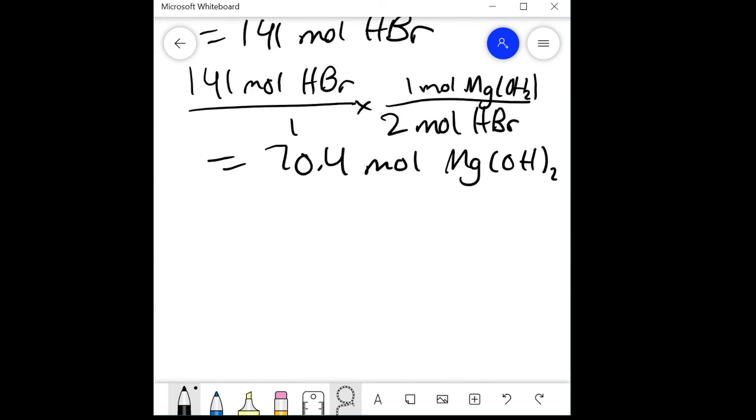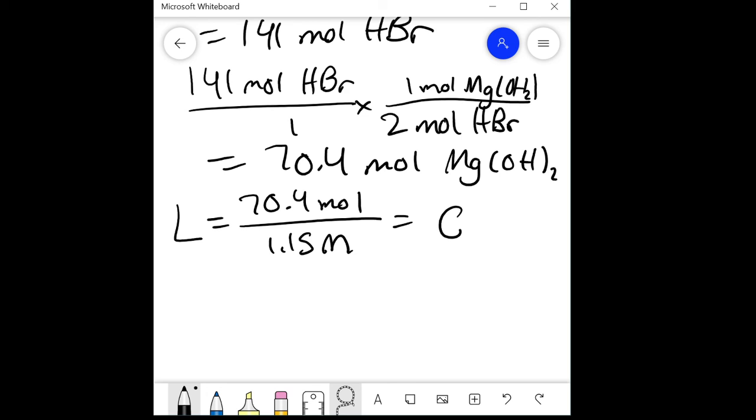Okay, so now that we have that, we can solve for volume. We know from our equation, volume is moles divided by molarity. And so that gives us 91.2 milliliters of Mg(OH)2.